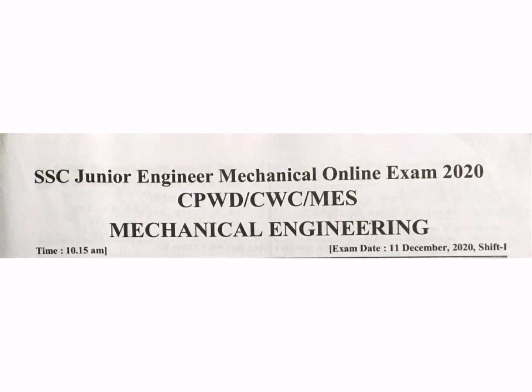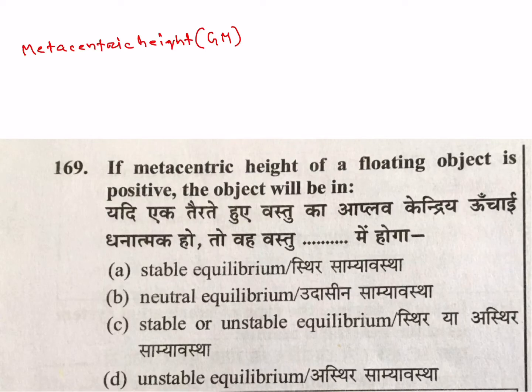Only the technical part. Question: if the metacentric height of a floating object is positive, the object will be dash. Whether it's in stable equilibrium, neutral equilibrium, or unstable equilibrium. So first, the metacentric height we know. This is your center of buoyancy B, then G is your center of gravity, then M is your metacenter.